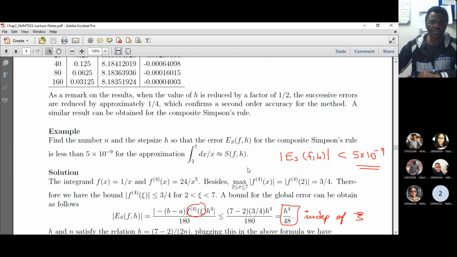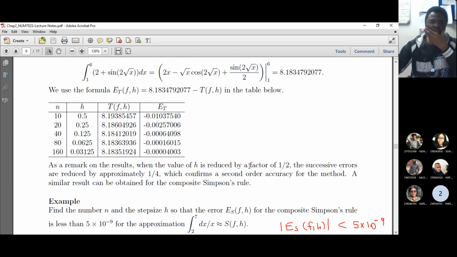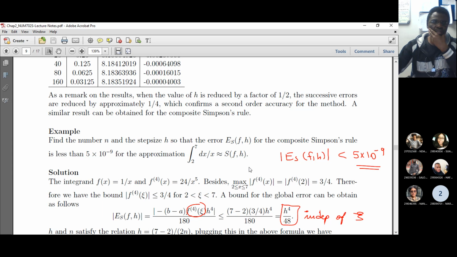Okay, so that's what we did as an application. The second application was to use the actual expression of the error term to find the number of subintervals or the step size h for which the definite integral will give us a result where the error will be less than 5 times 10 to the negative 9.